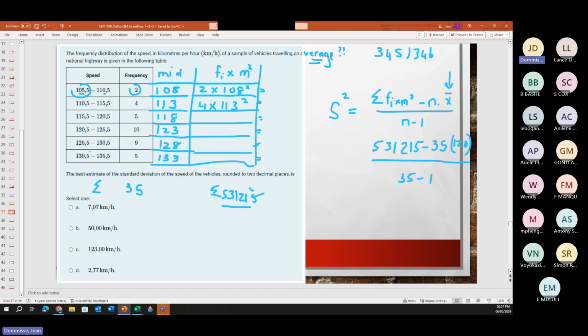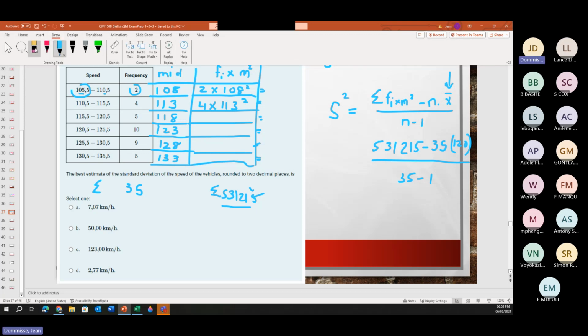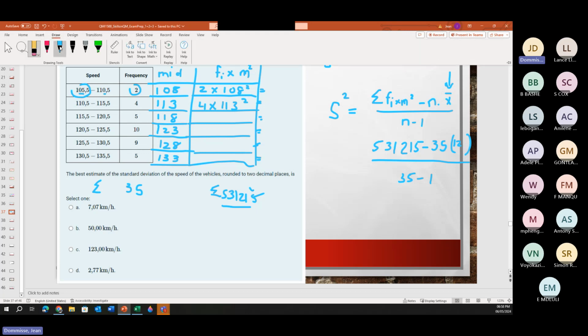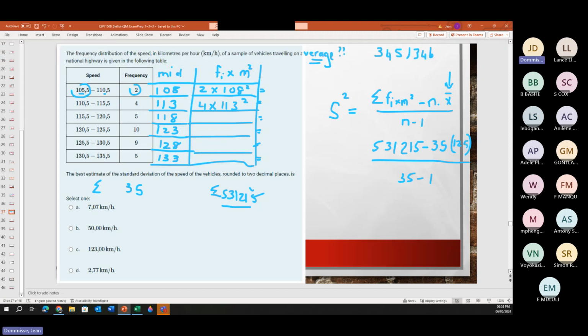If I just look at the speeds, there's 13, there's 14 above. So the chances are that it is probably around, let's say, 125. But they need to give you the mean, because you can't work out the mean with this.